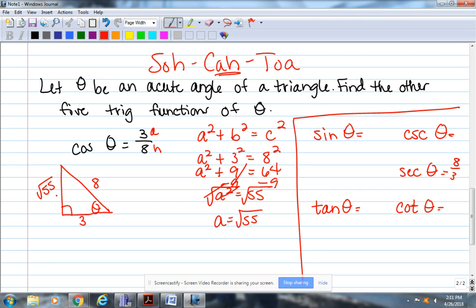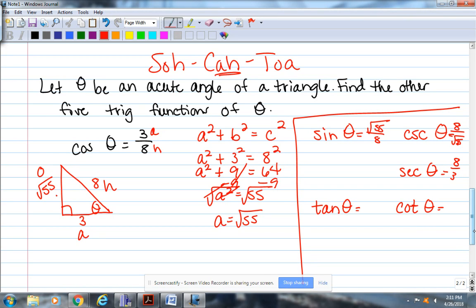Okay? So sine is always opposite over hypotenuse. So my opposite from theta is what? Radical 55, right? Over the hypotenuse is what? 8. So this is opposite, adjacent, hypotenuse. So sine is going to be radical 55 over 8, and cosecant is going to be 8 over radical 55. I know my handwriting's terrible.